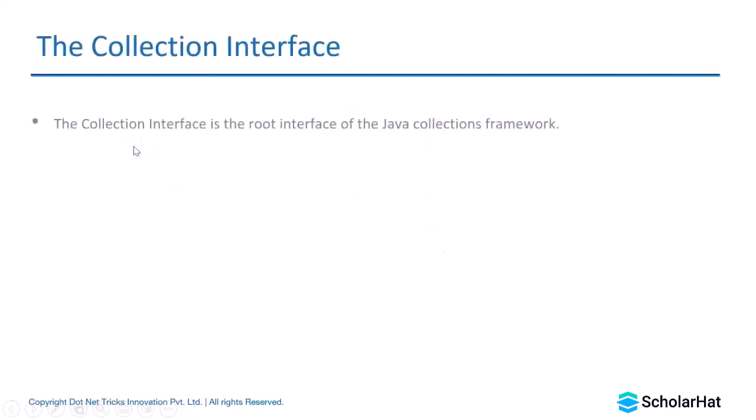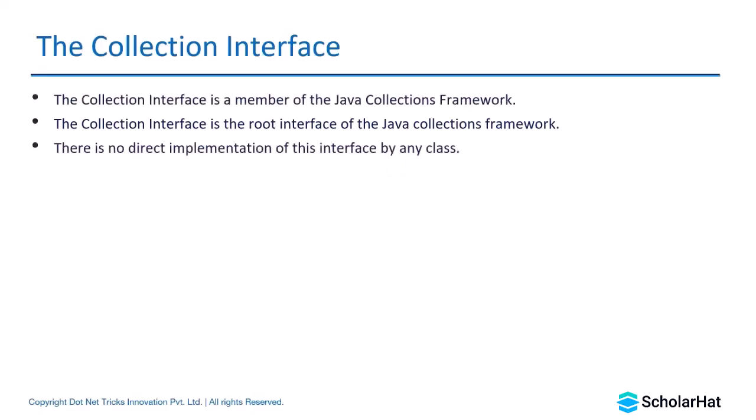Basically, as I discussed, the collection interface is the root interface of the Java collection framework just after the iterable. Iterable does not store the elements actually, it just helps in iterating, but the collection interface helps in doing the basic operations with the objects like adding, removing, clearing the elements in a collection, checking whether the collection is empty or not, and checking whether all elements need to be removed and how many elements need to be kept.